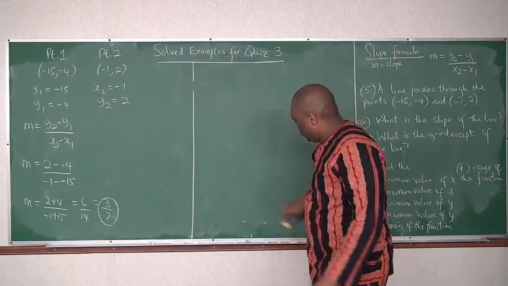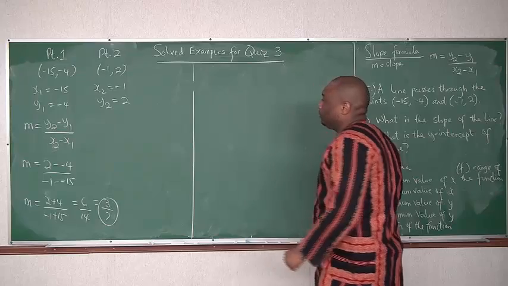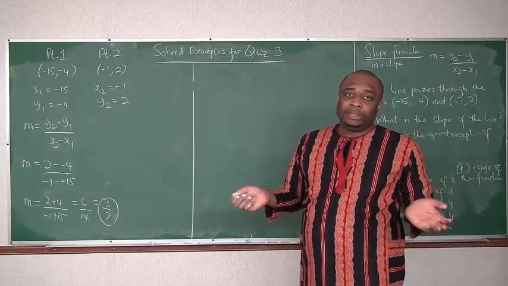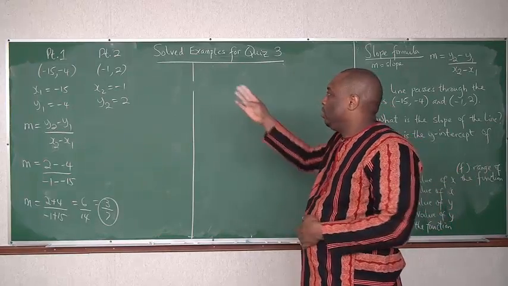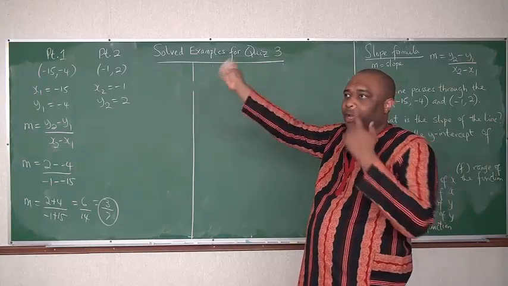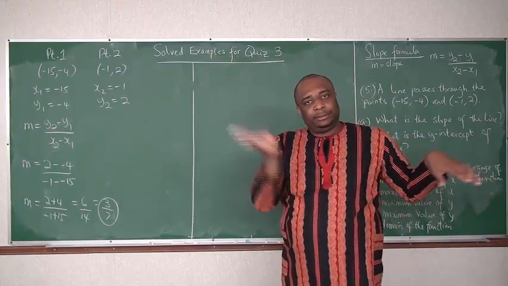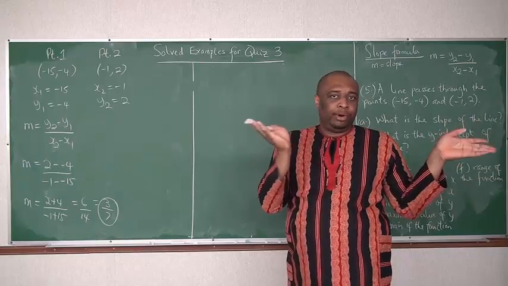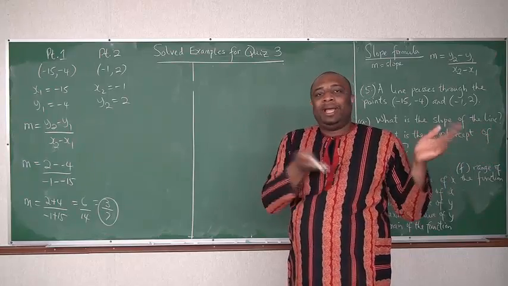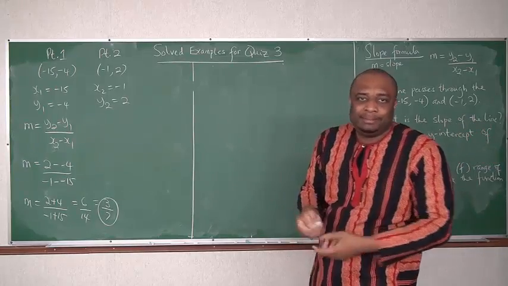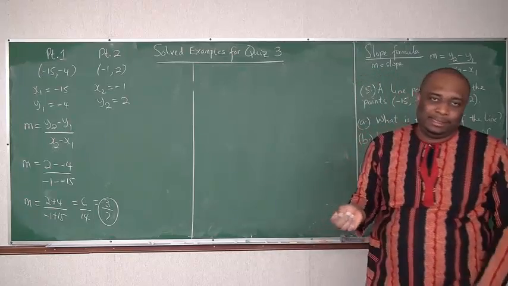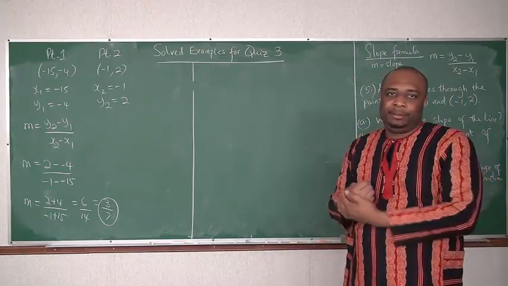If we want to find the y-intercept, there are two ways we could find it. We could go ahead and graph these points, connect the points and see where it cuts the y-axis. The y-intercept is where the graph cuts the y-axis. We've talked about it in the previous video.